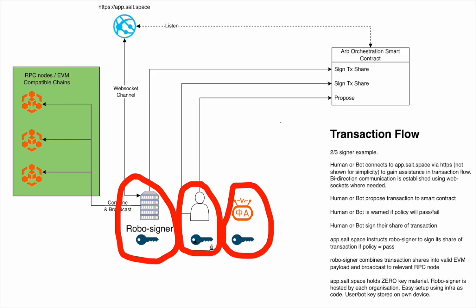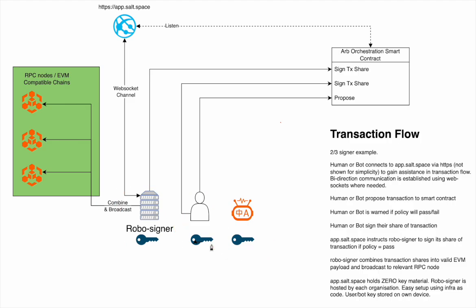Now, for this particular run through, let's talk about what happens when a human wants to propose a transaction to move funds to another Ethereum account. So, the first thing the human does is propose a transaction they would like to do to the smart contract. So how does this actually work?